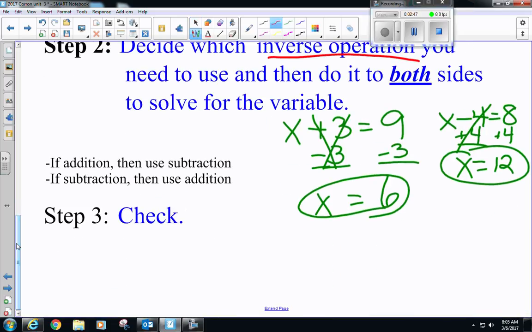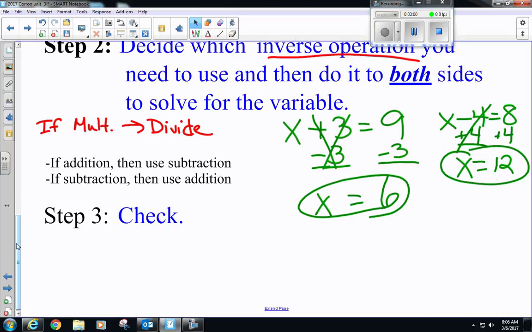So we're going to add down here where it says addition and subtraction. You're going to write, if it's multiplication, then divide. And you can write this kind of short enough so that you can read it without writing complete sentences. And if it's division, then you're going to multiply because they are inverse operations to each other.